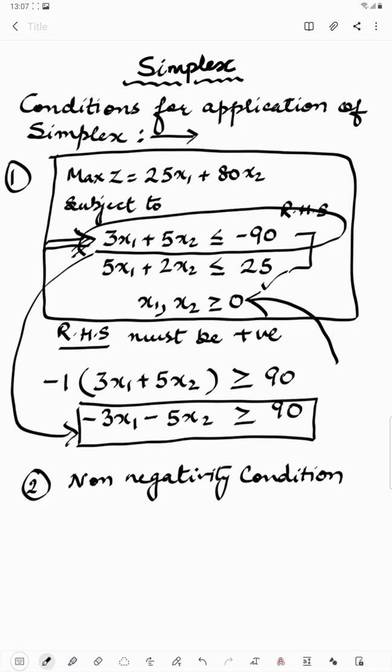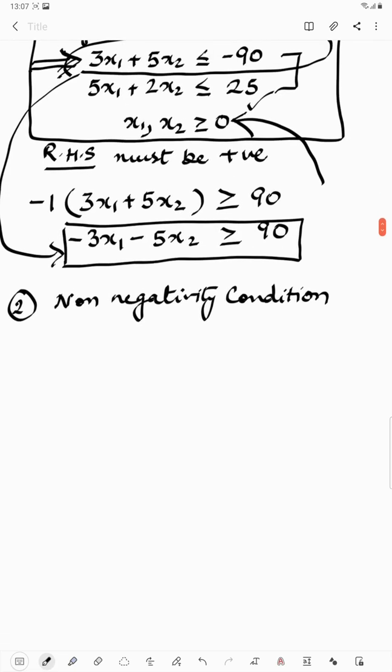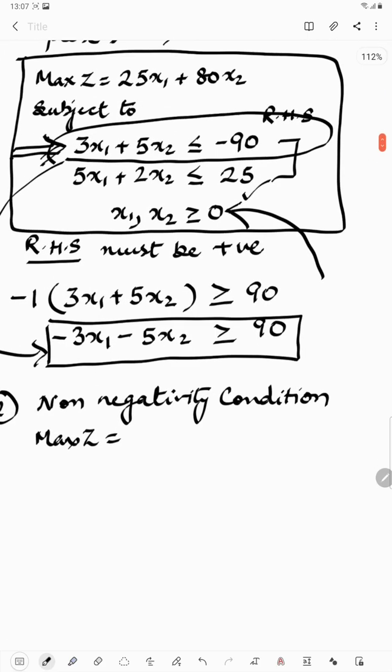Now in certain problems it may be given, for example, this is the question given to you: maximize z.